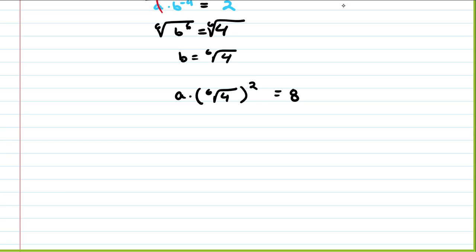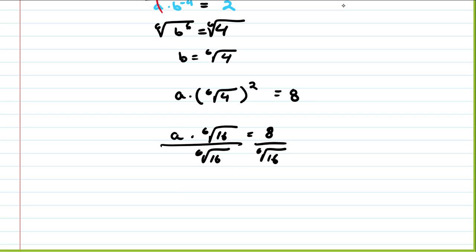And so that simplifies to a times the sixth root of 4 squared, which is 16, so it's the sixth root of 16, is equal to 8. We divide by the sixth root of 16 on both sides, and we get a is equal to 8 divided by the sixth root of 16.